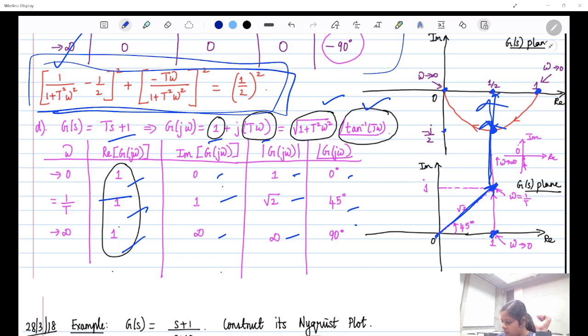The angle is 0, this is at 45 degree, and this is at 90 degree, because it's going to be parallel to the imaginary axis. So this is 90 degree. I hope it is clear.